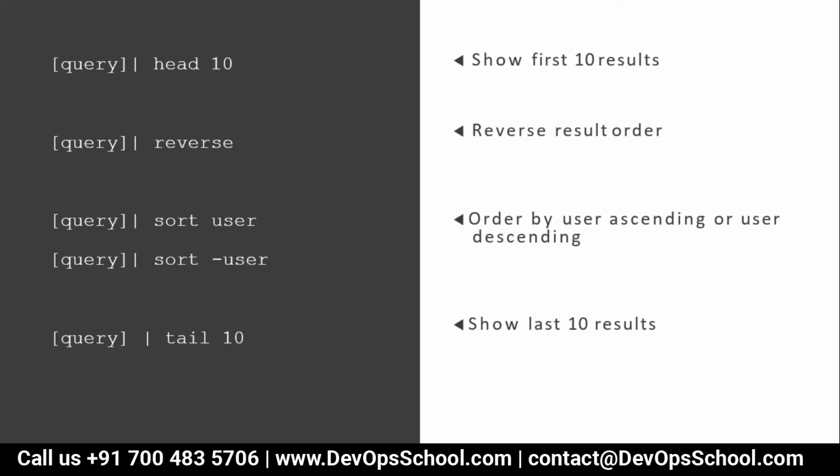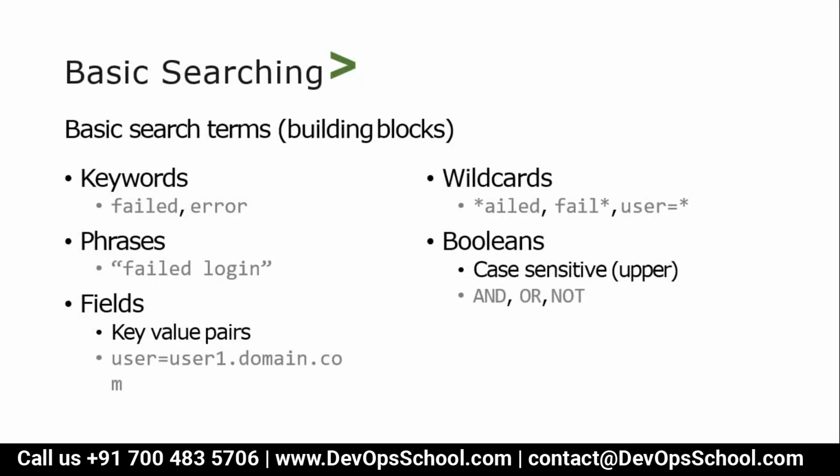If you add a hyphen before user, it becomes descending. Without the hyphen it means plus, which is the default, ascending order, so you can leave it as plus. There is one more command, tail, which will show you the last 10 results.